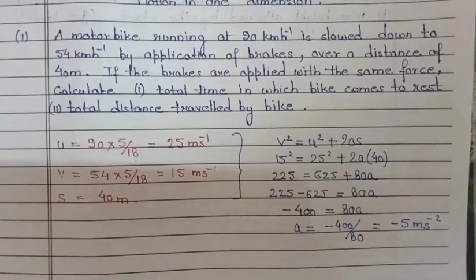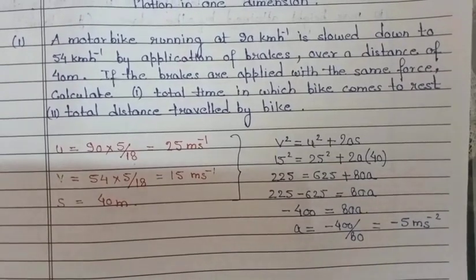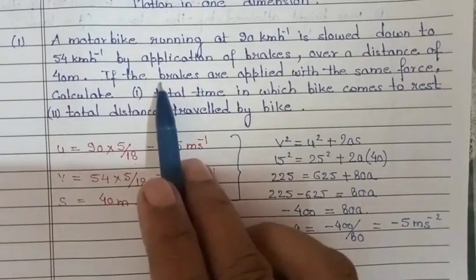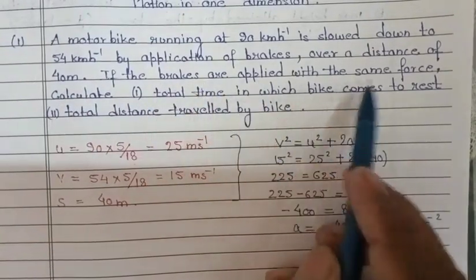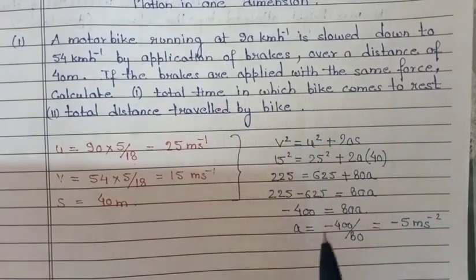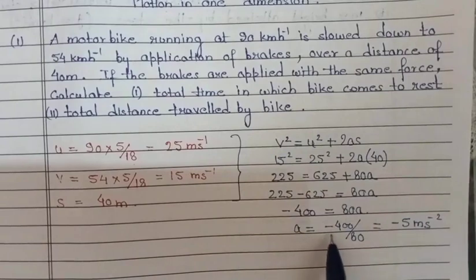So the retardation is minus 5 meter per second square. Now this retardation was produced over a distance of 40 meter. They say the brakes are applied with the same force, that means retardation remains constant throughout the motion.